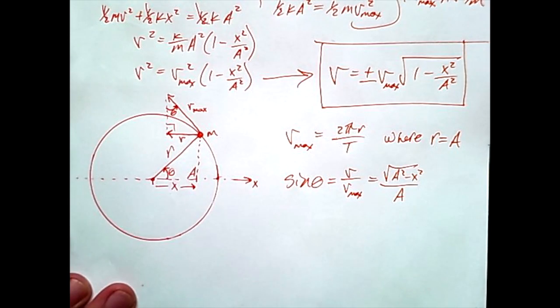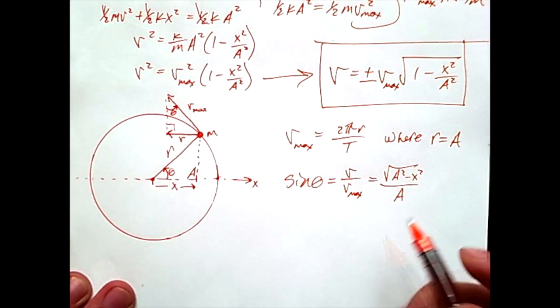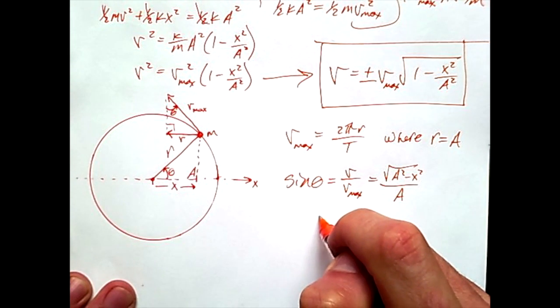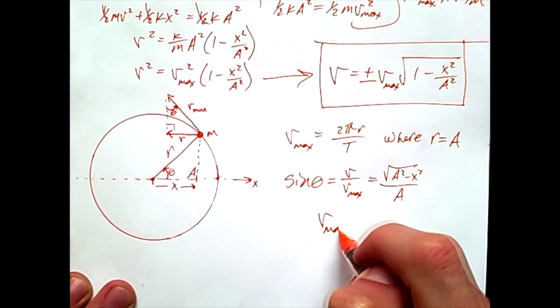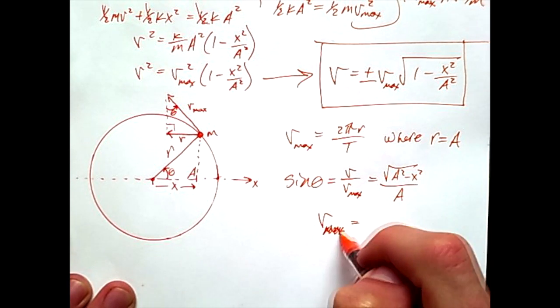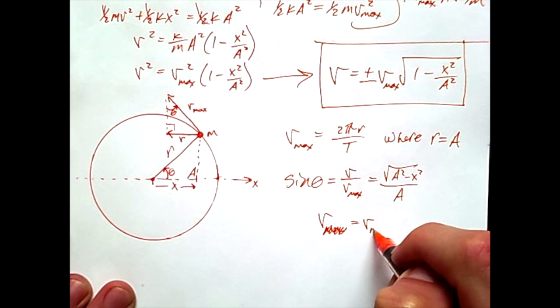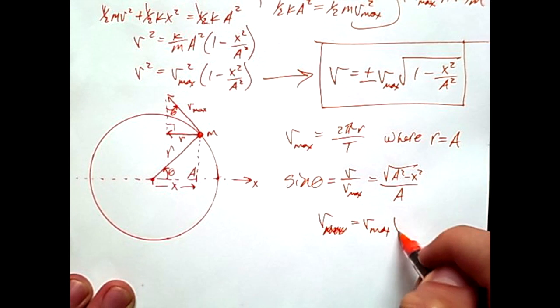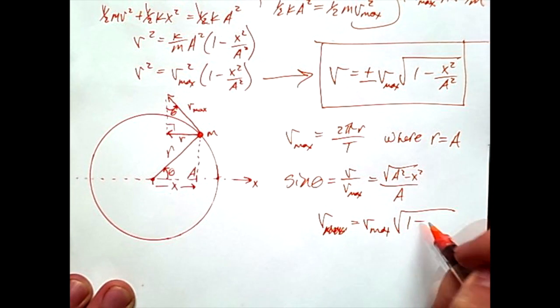And so what we can do is rearrange this to see that the velocity is equal to V max times the square root of 1 minus x squared over a squared.